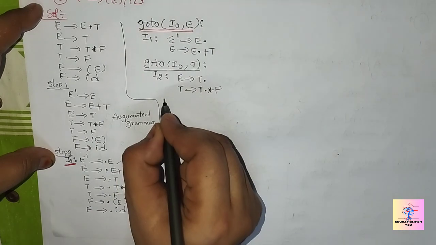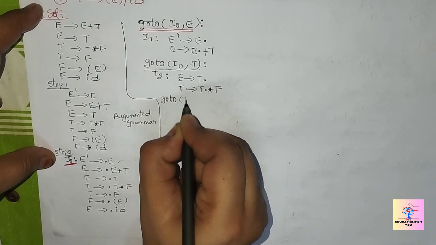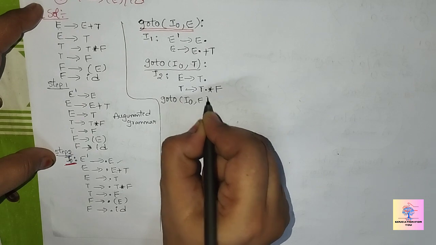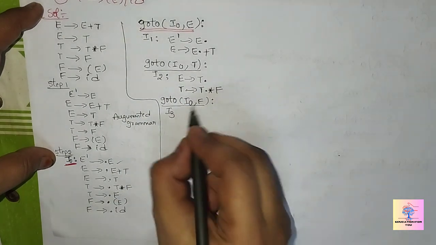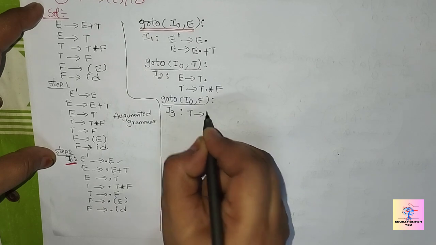Now F, that is go to I0 comma F. Let us take this state as I3. So T produces F dot.